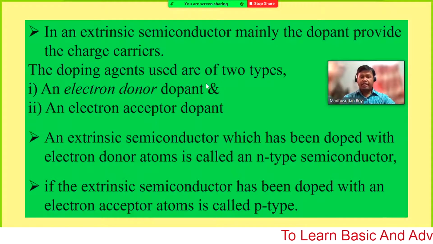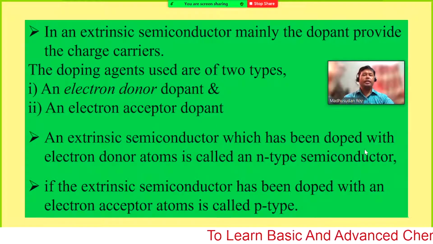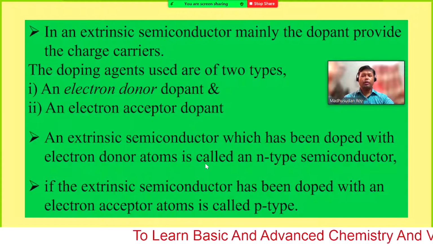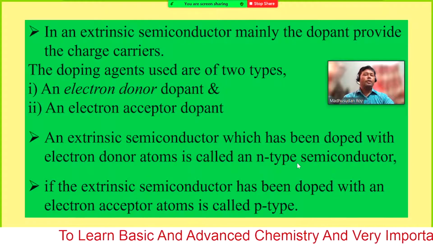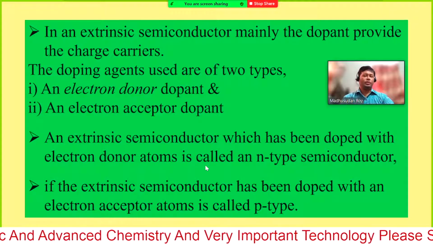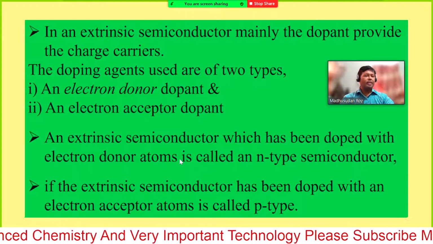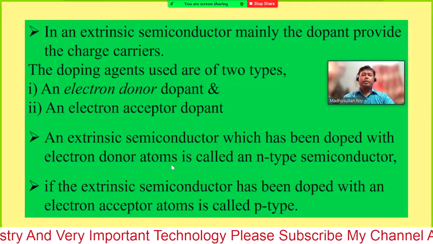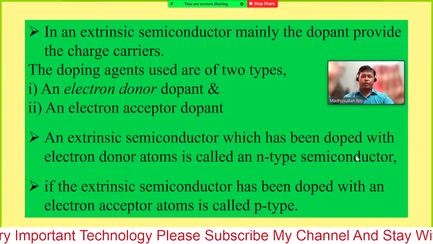An extrinsic semiconductor which has been doped with electron donor atoms is called an N-type semiconductor. N-type means you have more electrons. It can donate an electron, so it is considered an N-type semiconductor.